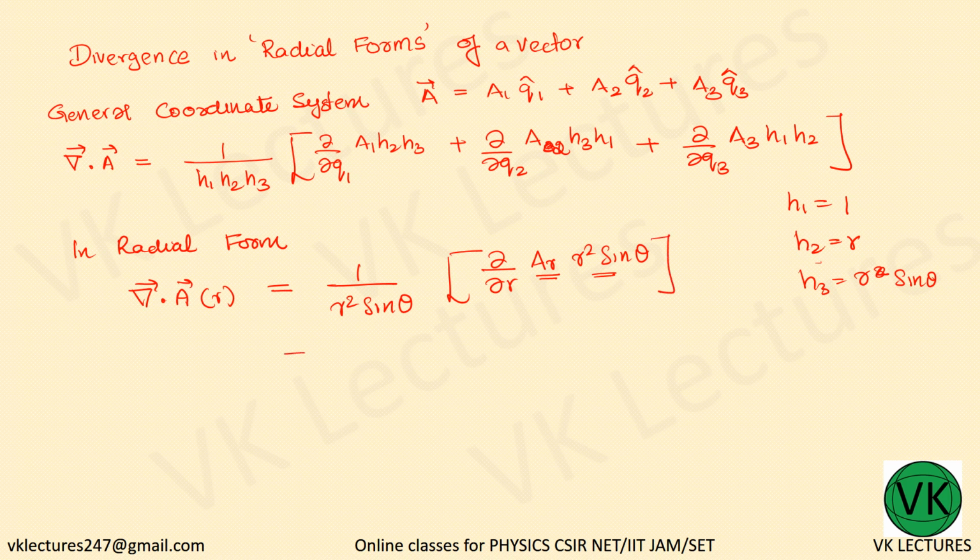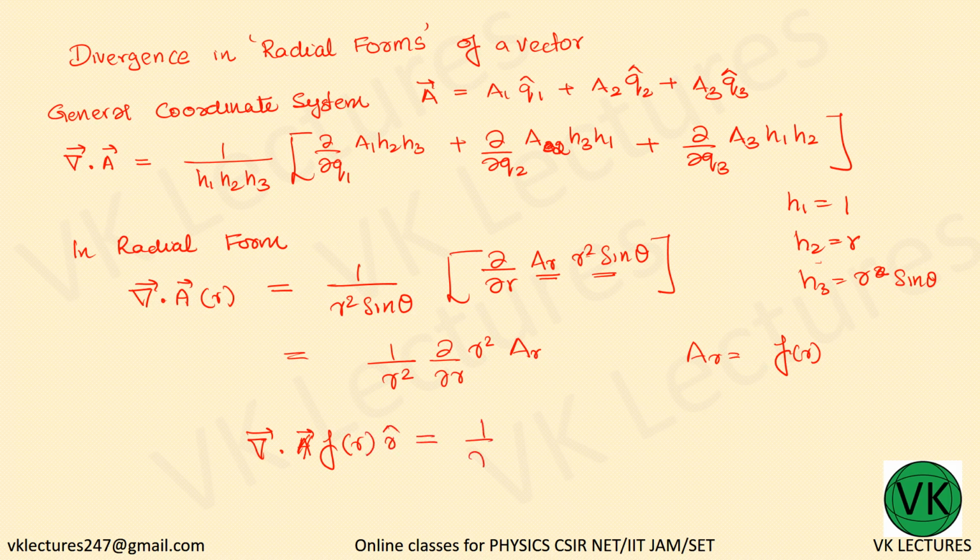So this becomes 1 by r square dou by dou r of r square Ar, and if you write Ar is equal to some function of r, you can write the divergence of the vector A as f of r into r cap is equal to 1 by r square dou by dou r of r square f of r.